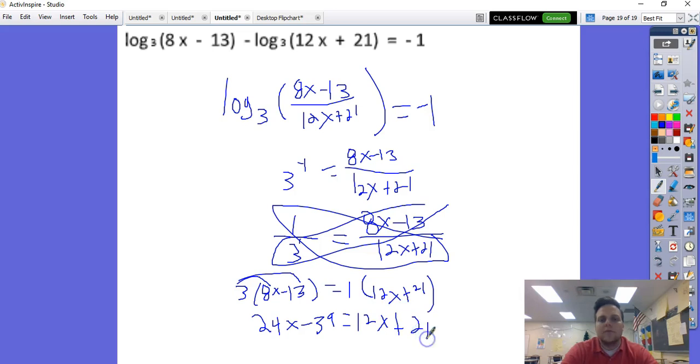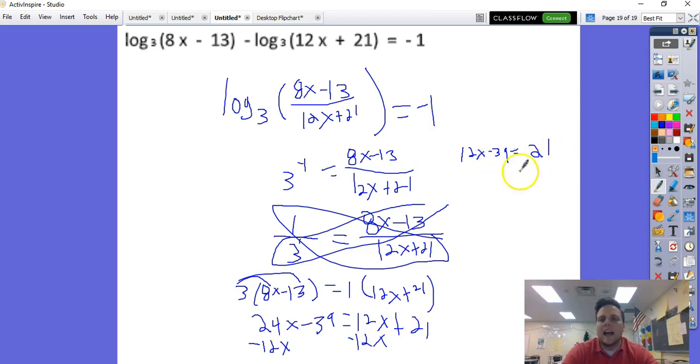Now, what you got to do is get all your x's on the one side and all your numbers on the other. Well, I'm just going to subtract the 12x. So 24x minus 12x gives me 12x minus 39 equals, 12x minus 12x cancels, so equals 21.